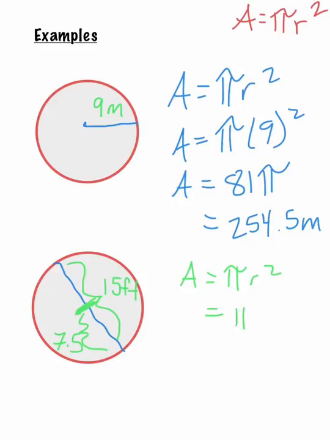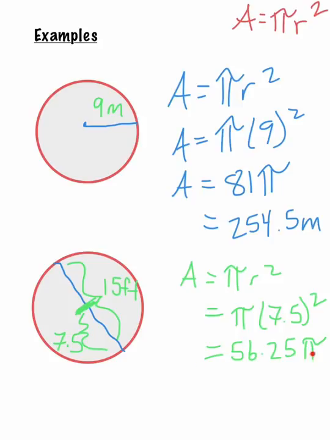So we take pi times 7.5 squared. When we square 7.5, we end up with 56.25, times pi.